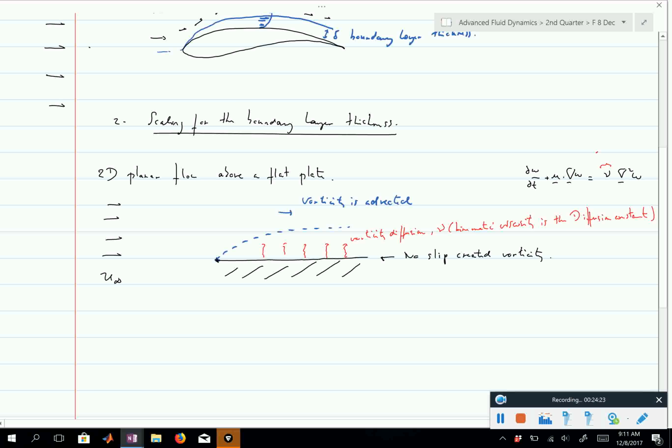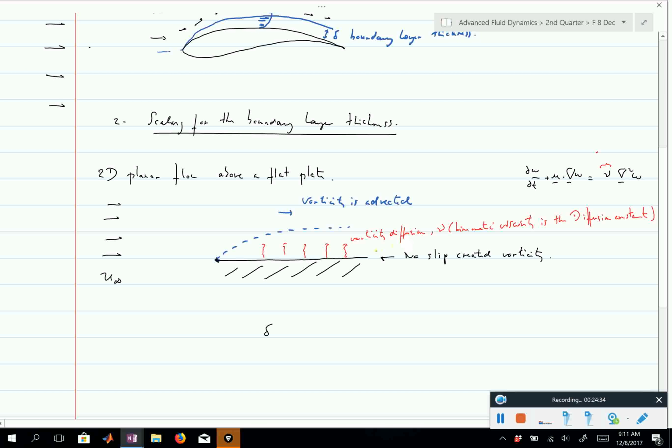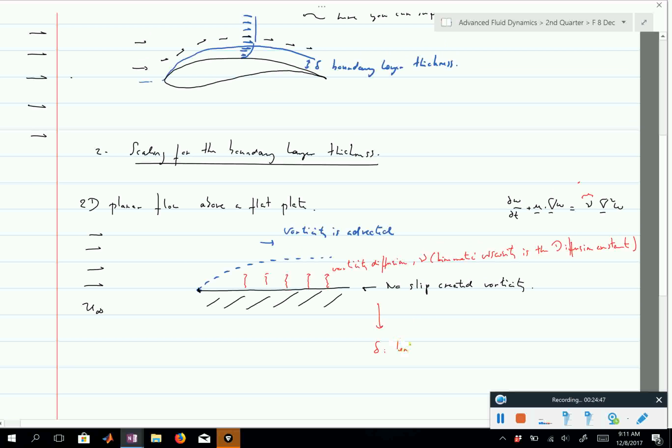So let me do this in red, because we'll first discuss diffusion. Delta is the length scale over which vorticity has diffused into the bulk.